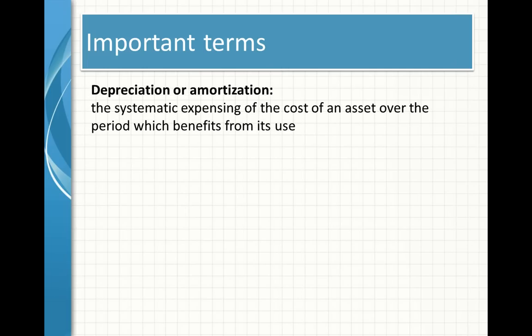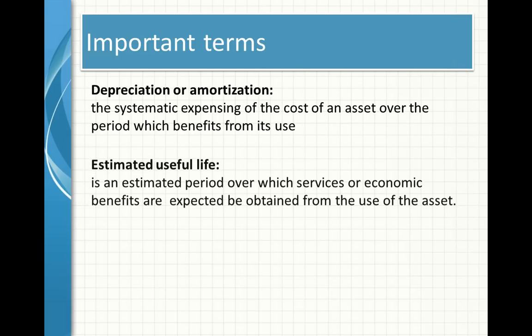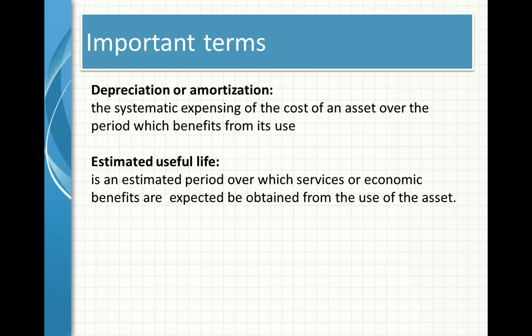Important terms are depreciation and amortization. Depreciation is an amount charged on the tangible assets. Amortization is an amount charged on intangible assets. In all the cases, the entry is depreciation account debit, asset account credit.